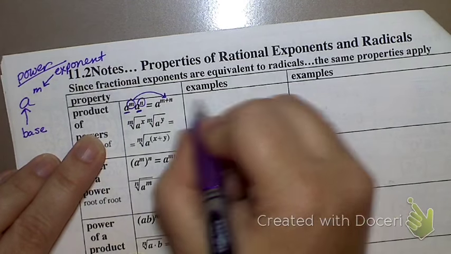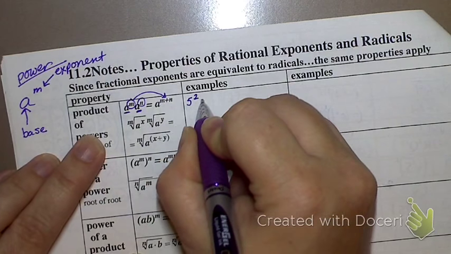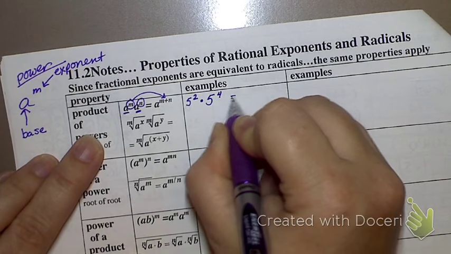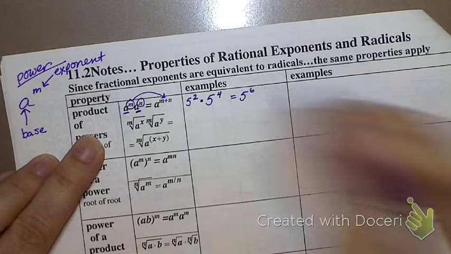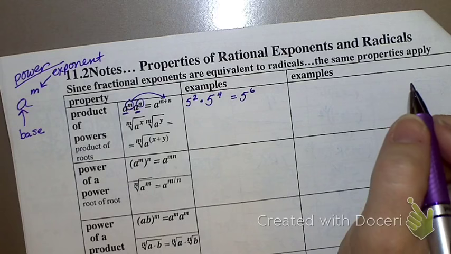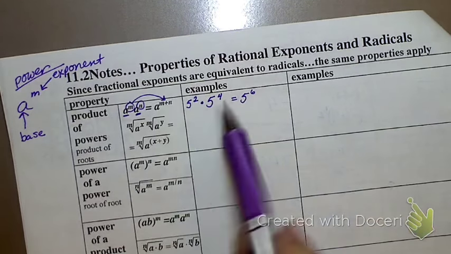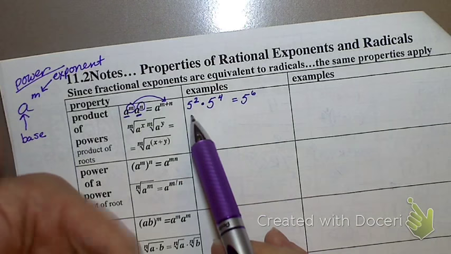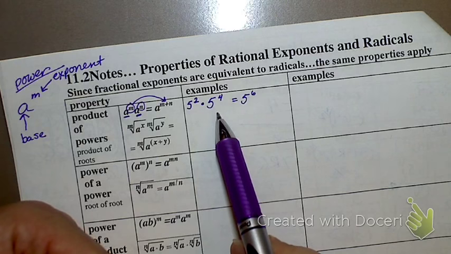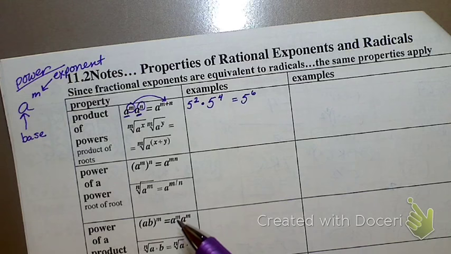So, for example, with plain old numbers, if I had 5 to the second times 5 to the fourth, that would give me 5 to the sixth. Two bases that match, you can add the exponents. If I were to write this out the long way, this would be 5 times 5 times 5 times 5 times 5 times 5, and that's 6 total. That's how I get the 5 to the 6th. I really don't want to write out all those 5s if that's okay.